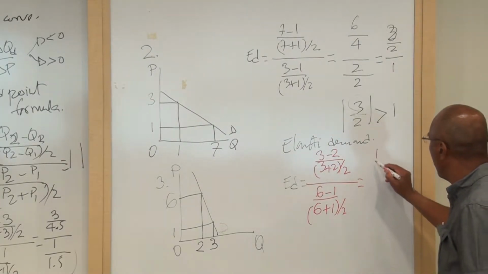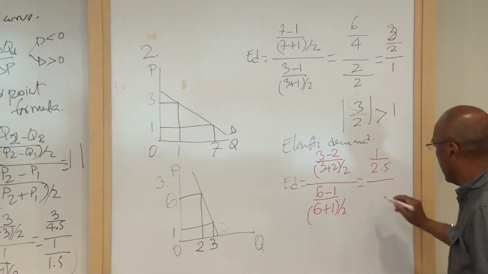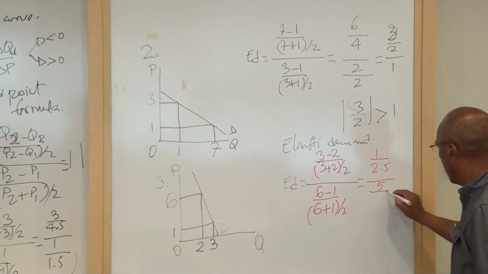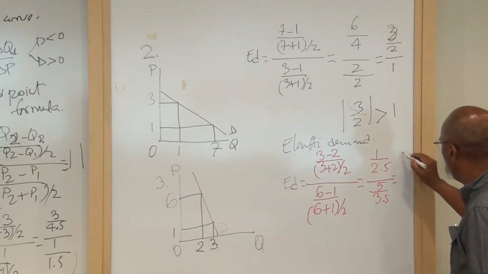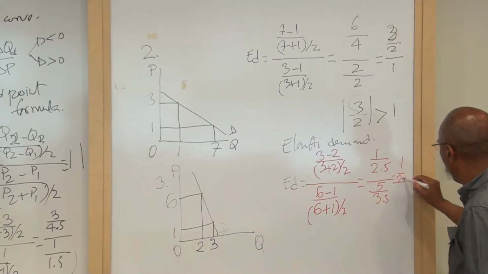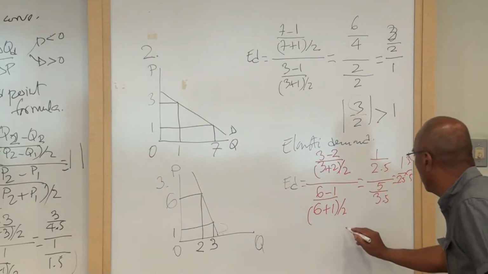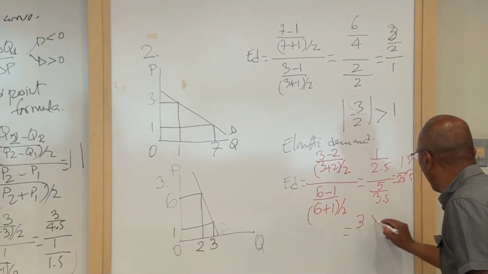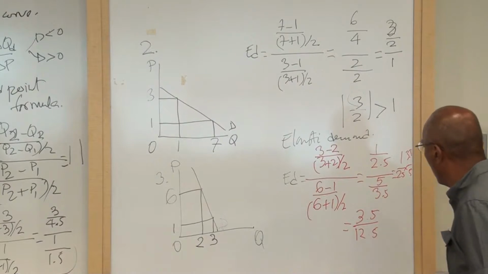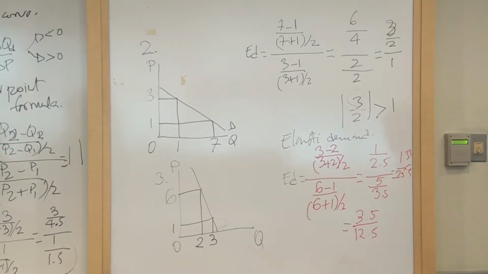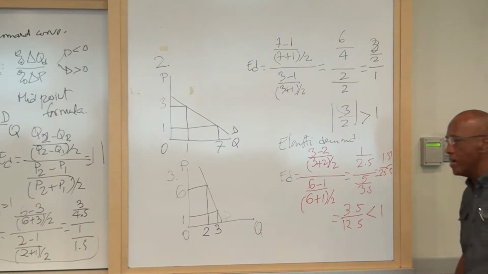Therefore, we have 1 over 2.5, and 5 divided by 7 divided by 2, that is 3.5. And therefore, we have 1 over 2.5 times 3.5 divided by 5. It is equal to 3.5 divided by 12.5, that is a number that is less than 1.